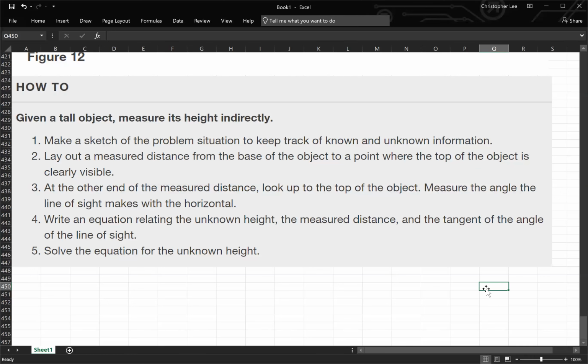At the other end of the measured distance, look up to the top of the object and measure the angle of the line of sight it makes with the horizontal. Write an equation relating the unknown height, the measured distance, and the tangent of the angle of the line of sight, and then solve the equation for the unknown height. Cool, right? Awesome.